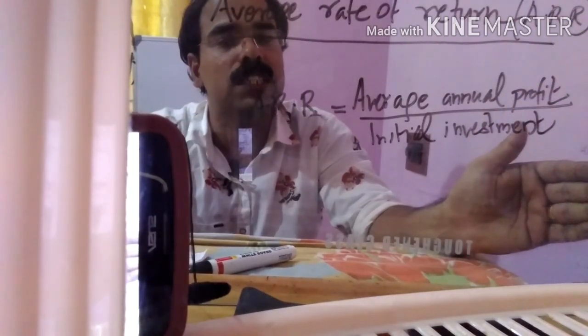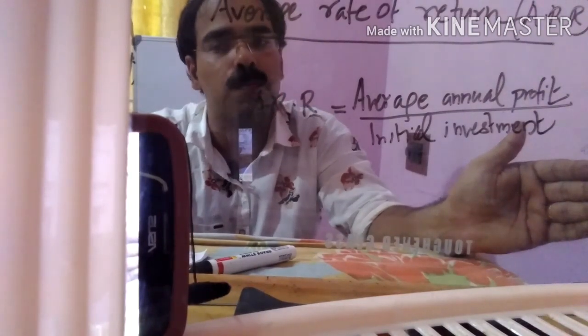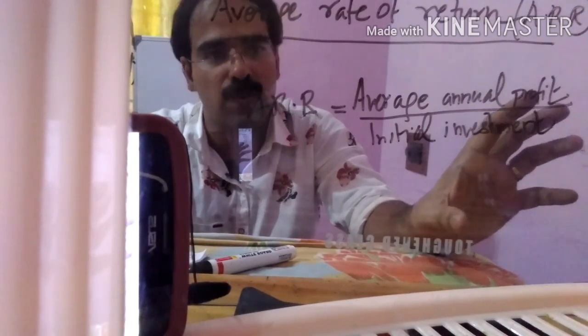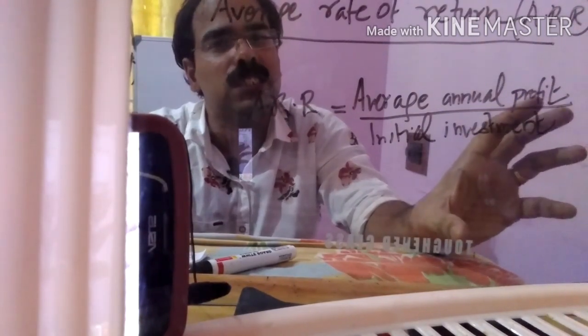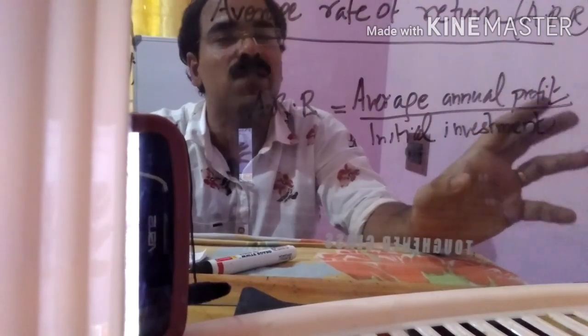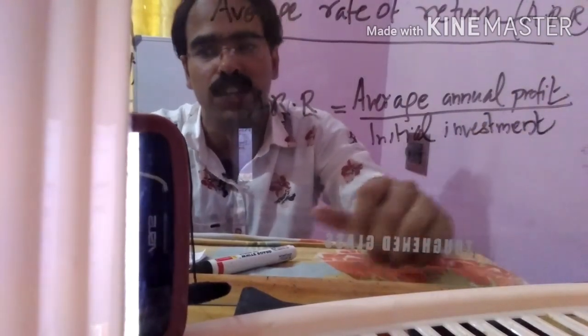It does not consider the time value of money or cash flows. Next we will discuss the topic called time value of money. So this average rate of return does not depend on the time value of money. That is the point we need to consider.